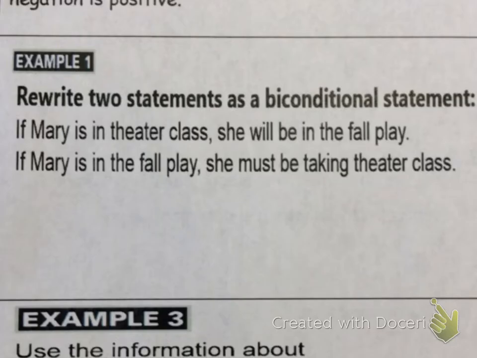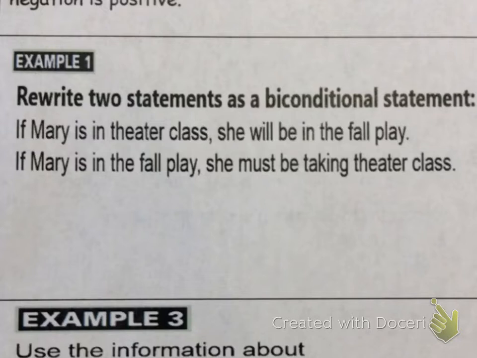All right, so here's an example. Write two statements as biconditional statements. Here are our two statements. If Mary is in theater class, she will be in the fall play. The second statement, if Mary is in the fall play, she must be taking theater class. What is the biconditional statement for that?